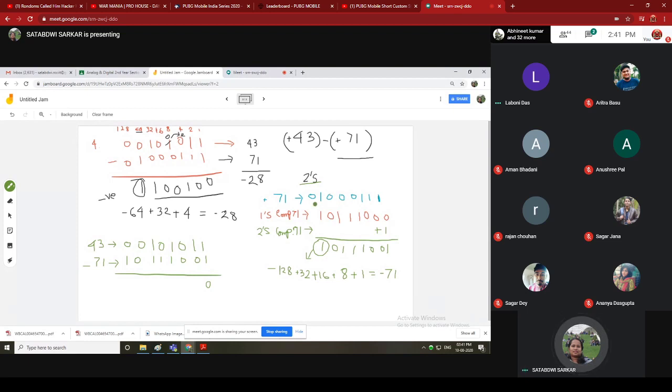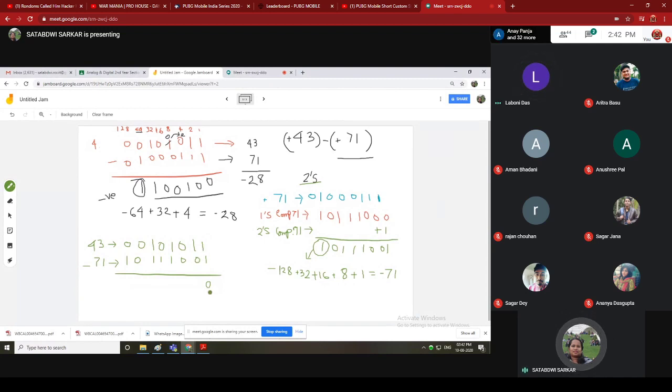In this way. So if it is 8-bit representation, we have to convert it into 8-bit, 1's complement form. And if it is 7-bit, then we have to convert this into 7-bit, 1's complement form. Now we have to do the addition here.